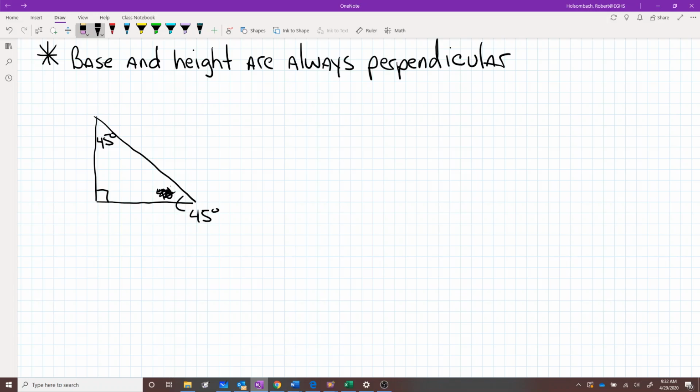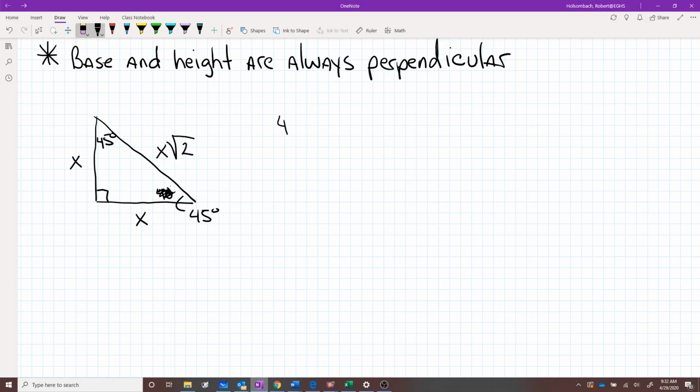We spoke earlier in the year, and we said that in a 45, 45, 90 right triangle, the two legs are equal to each other, and the hypotenuse is equal to a leg times the square root of 2.